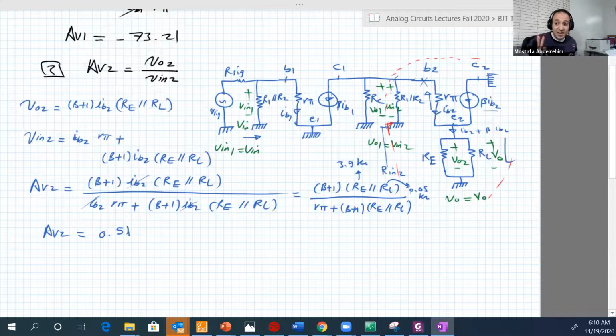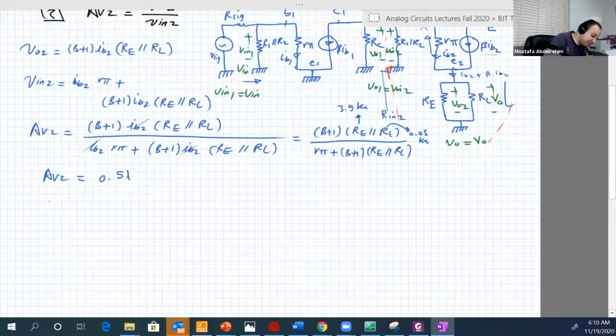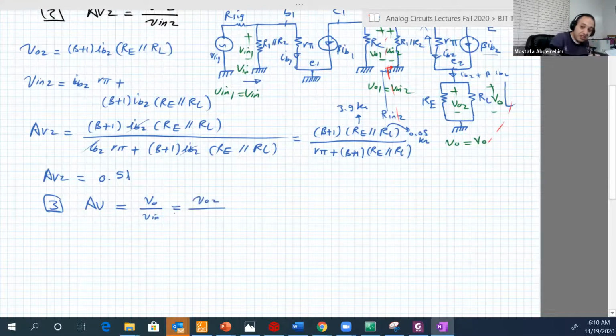Till this moment we can't see the advantage, but we will prove it now. So number 3, the overall gain, AV. Again, AV is equal to VO2 over V input 1. VO2 is the second stage output, and V input 1 is the first stage input.